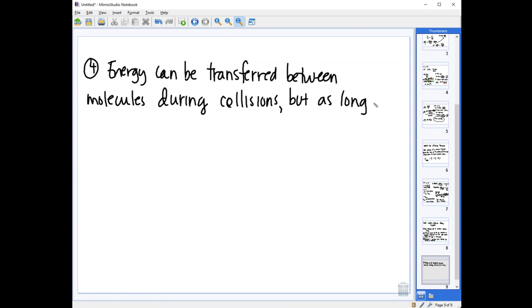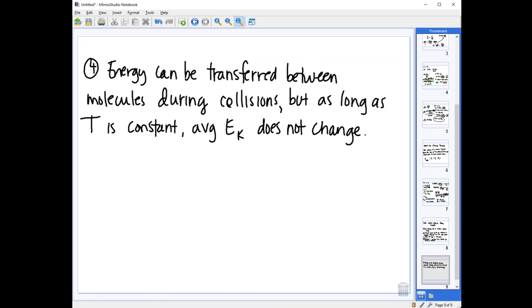But as long as temperature is constant, the average kinetic energy does not change. In other words, as long as we've got a constant system, energy is going to be transferred, but we're not gaining or losing energy in our system. We're going to keep the same amount of energy in our system. So we can essentially pretend that this is an isolated system, right? Like we learned from the last chapter.